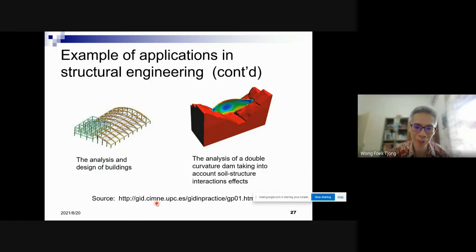Also from another website, GiD. Of course, finite element method is used daily in the analysis and design of buildings, also for studying, for example, the soil. This is soil and dam interaction, for conducting research and for everyday design.